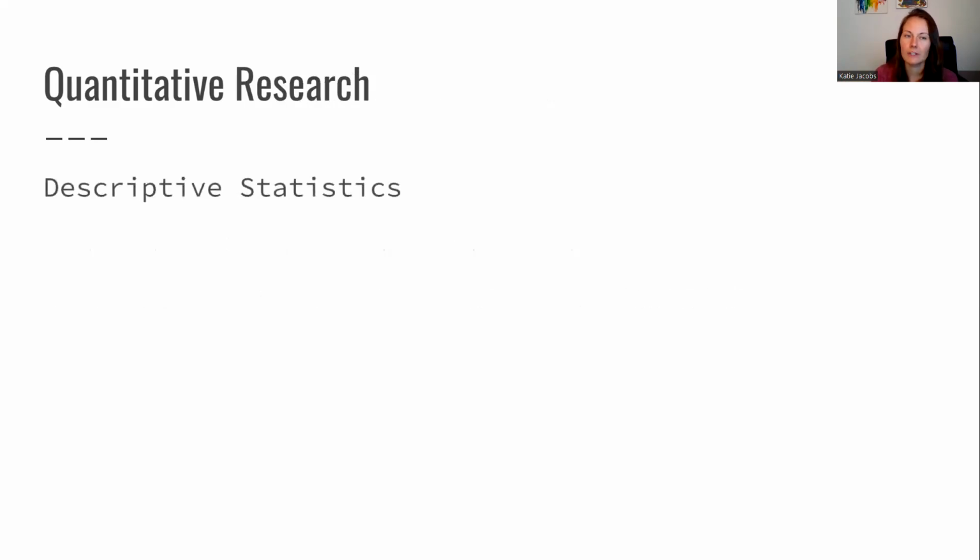So with quantitative research, there are different kinds. There's something called descriptive statistics, where you just describe your data set. This could be a mean, right? Most people know what an average, or a mean, or a standard deviation is, and that just describes what your data set is saying. Another type of quantitative research is inferential statistics, and that's where we look at a population.